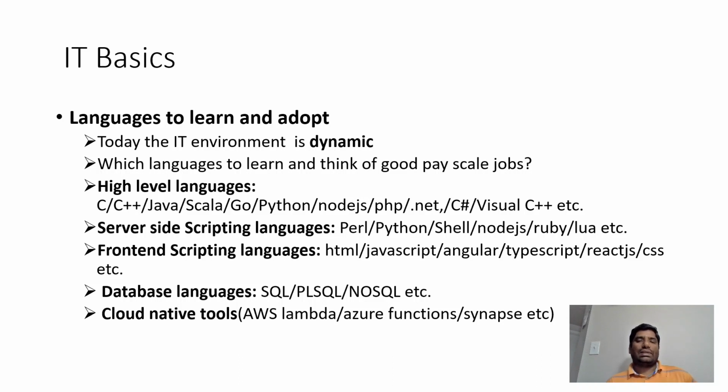And Go recently came up, and it is also getting good popularity. It is being used to develop good products; Kubernetes is one of the major platforms implemented in Go. Python is dominating the market in terms of language and web development, with a framework called Django, and data science.